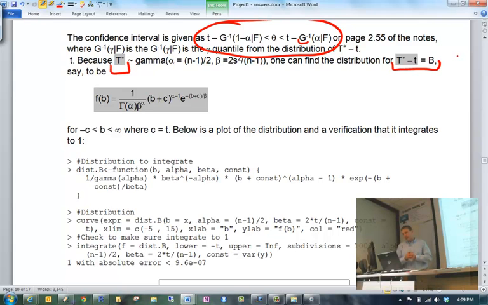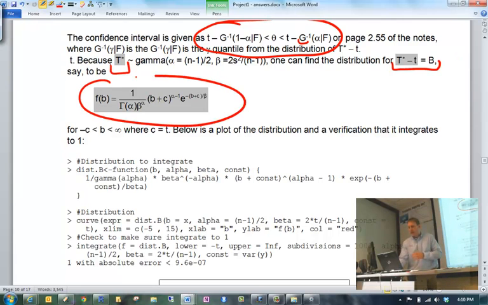Well, let's just make this notation easy. How about we call that random variable b? Well, one could apply STAT 882 concepts to actually find a Jacobian, get what you need, and come up with the actual distribution. So it's a little bit like a kind of a shifted gamma, essentially.